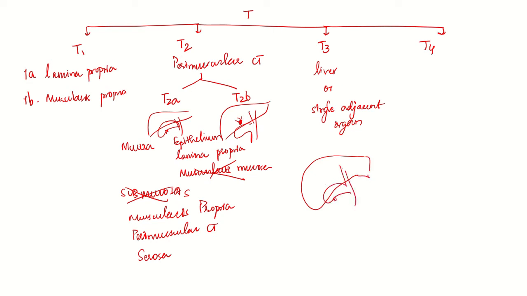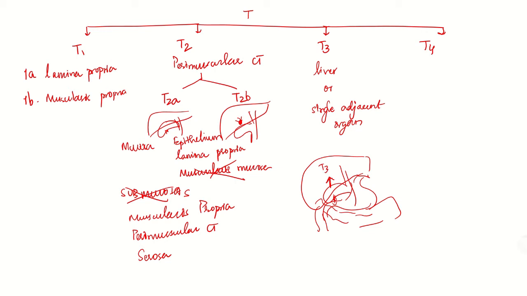The adjacent organs are either duodenum, stomach, transverse colon, etc., and or into the adjacent liver. So the important point to remember here is invasion into liver is not considered as metastasis. It's just T3.